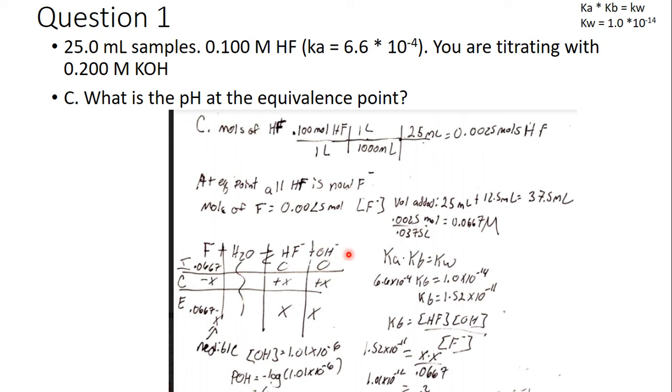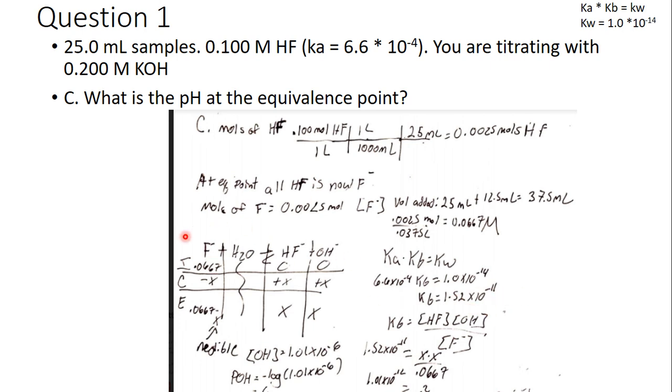Now we need to figure out what Kb is. Our relationship for any conjugate pair is that Ka times Kb equals Kw, and at 25C, Kw is 1.0 times 10 to the minus 14. We know the Ka, 6.6 times 10 to the minus 4. Now we have to find the base dissociation constant Kb. We take Kw divided by Ka, that is equal to Kb, which is 1.52 times 10 to the minus 11.